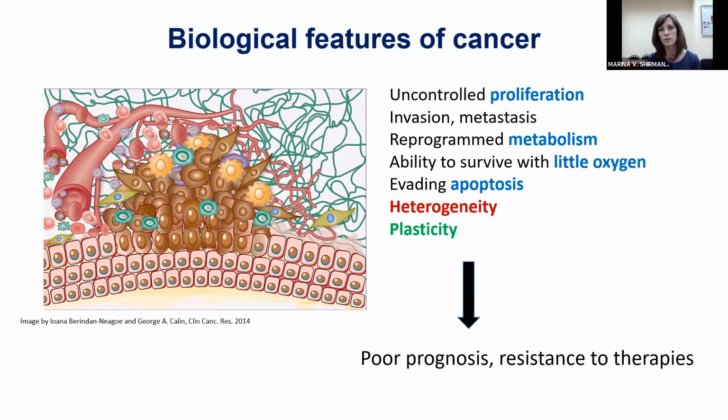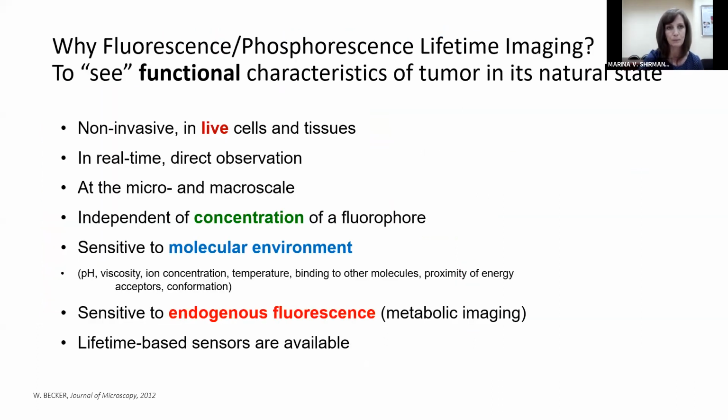And also cancer cells are very plastic, very flexible, which means that they can easily switch between different physiological states and adapt to unfavorable conditions. Collectively, all these things result in poor prognosis for patients and resistance to therapies. That's why we're interested to learn more about these biological features, about these hallmarks of cancer.